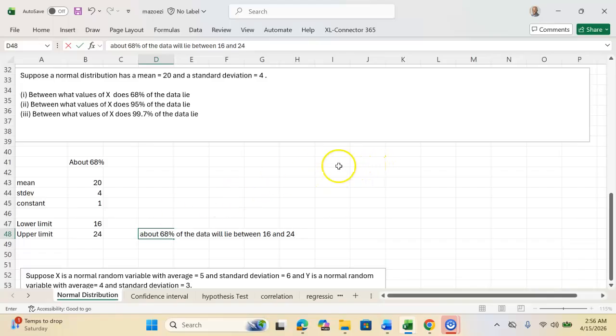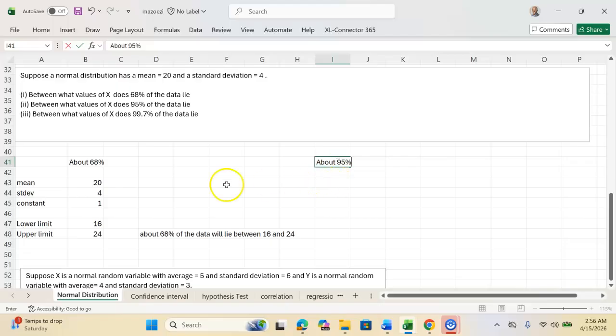So now I want you to do, or probably let's work together for 95%. So according to the empirical rule of standard deviation, about 95% of the data will lie between 2 standard deviations to the right and to the left.